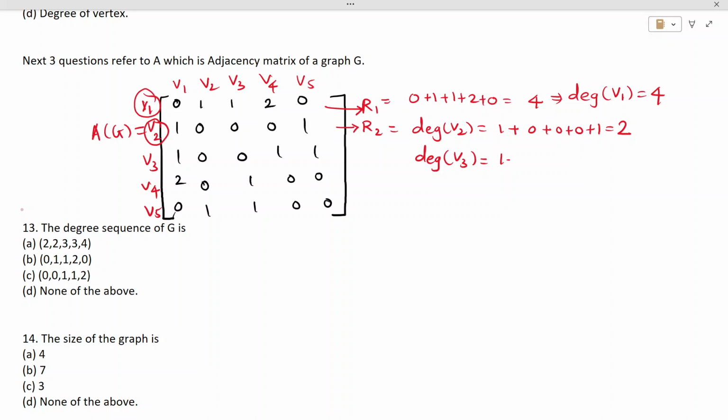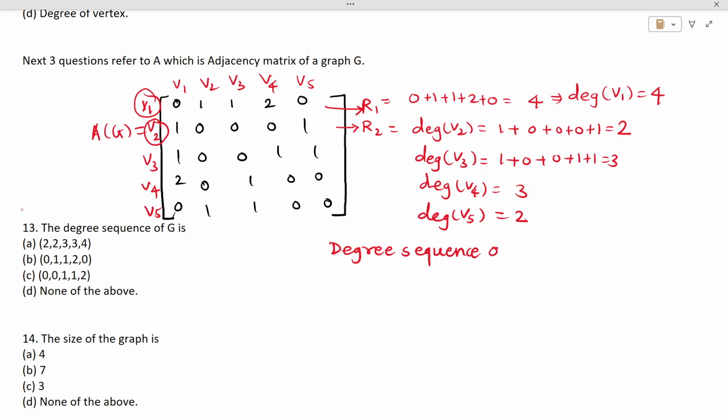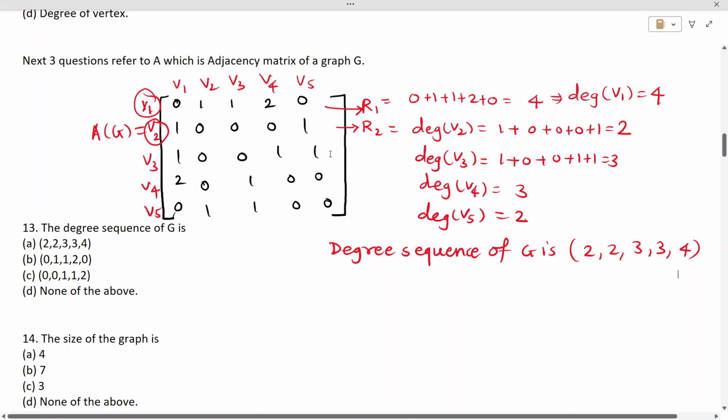The degree of V3 is 1 plus 0 plus 0 plus 1 plus 1, that is 3. The degree of V4 is equal to 2 plus 1, 3, and the degree of V5 is equal to 2. So if I write the degrees in ascending order, the degree sequence of G is 2, 2, 3, 3, 4.